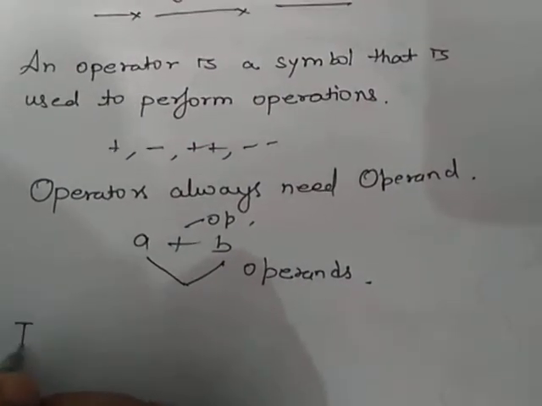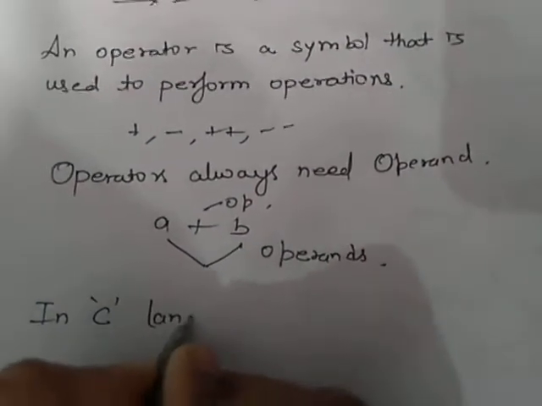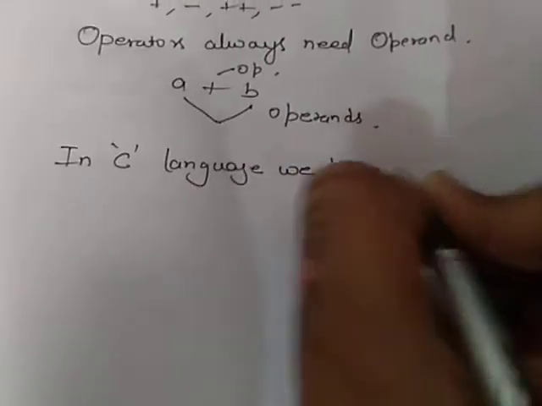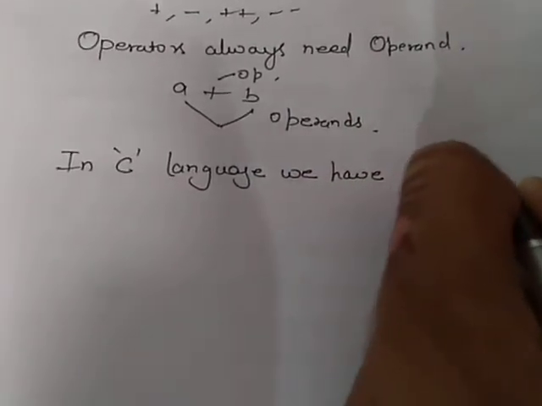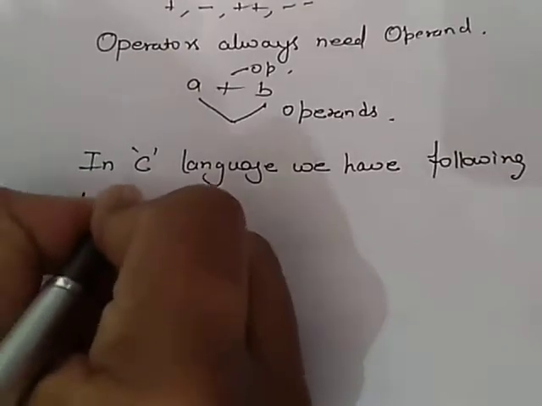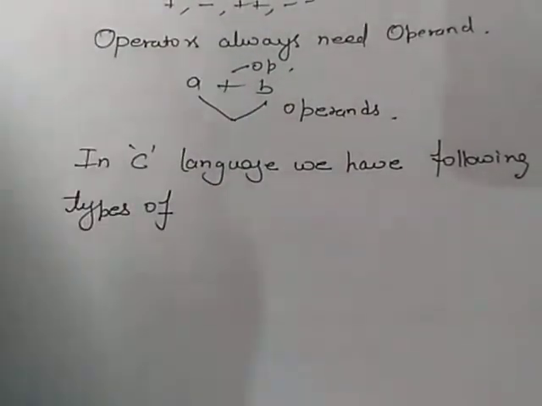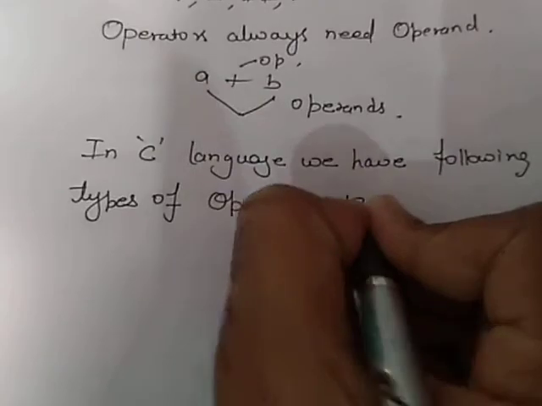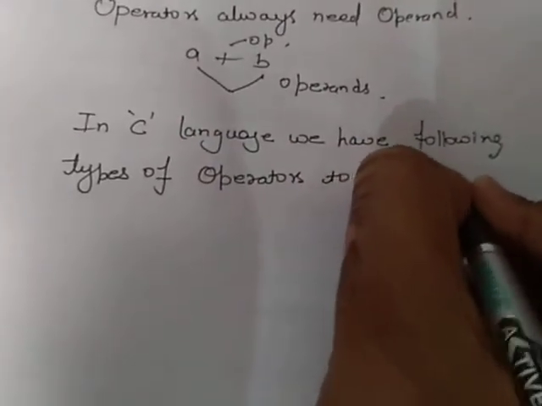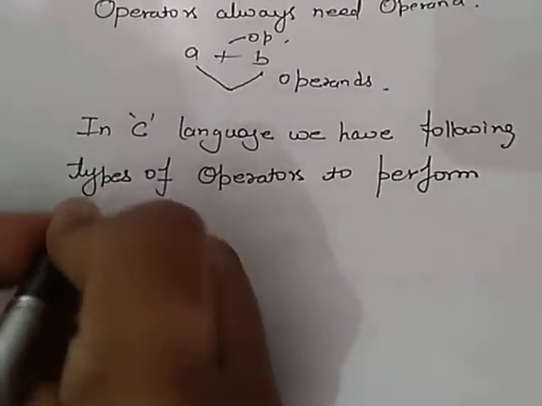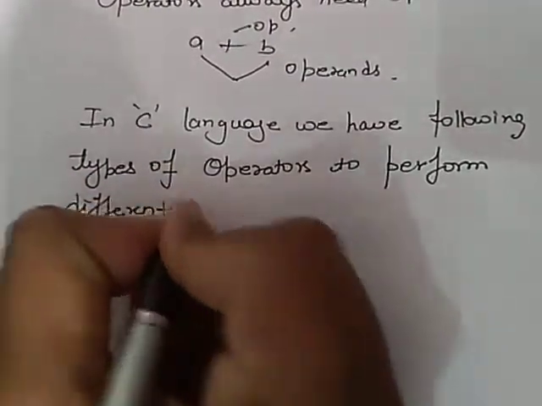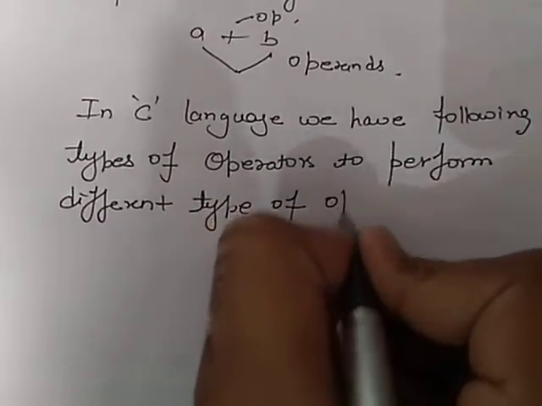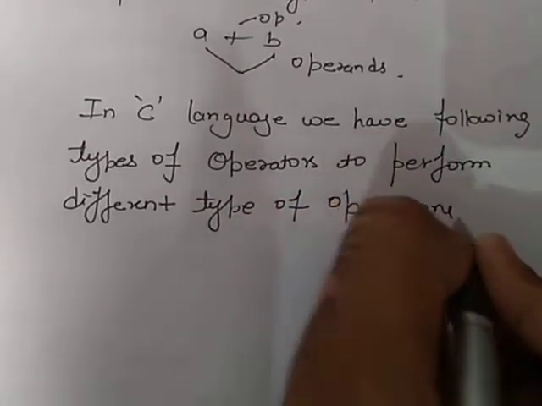Now in C language we have the following types of operators to perform different types of operations.